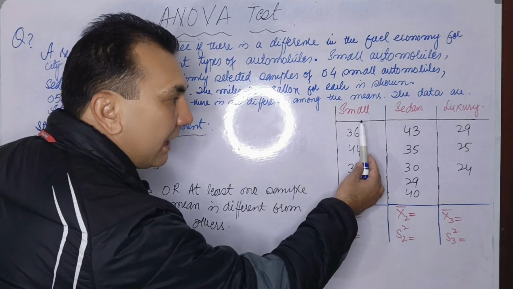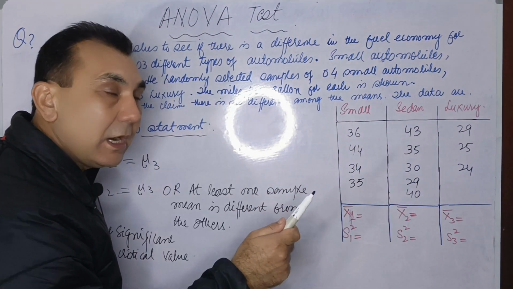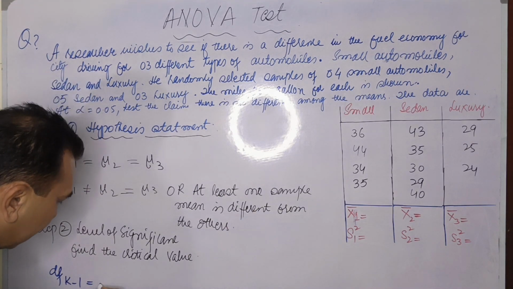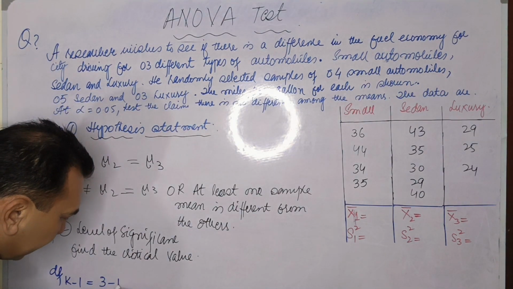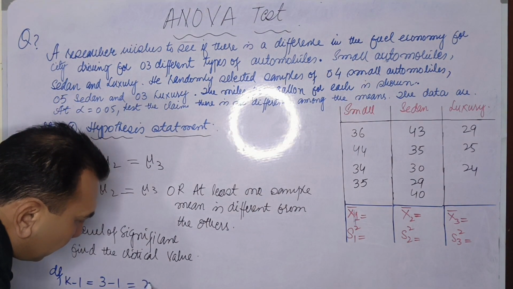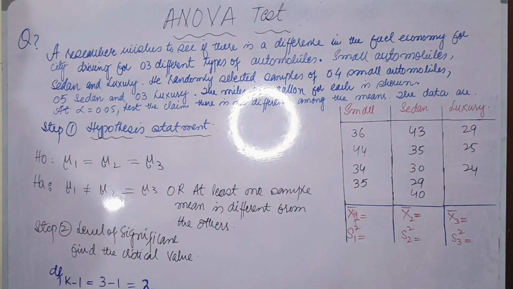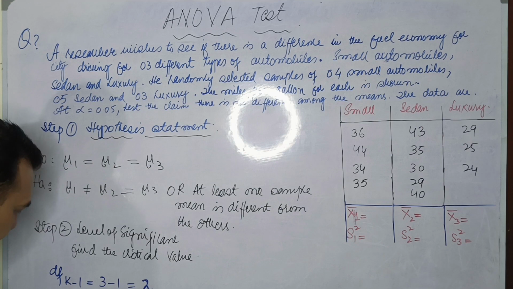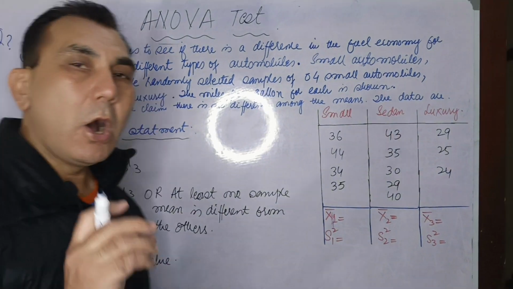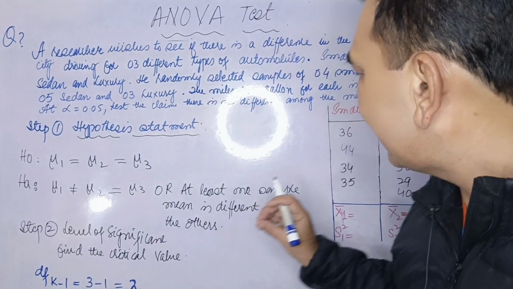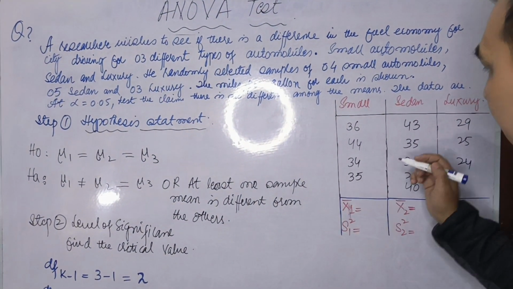Here we have three groups of automobiles, so k, 3 minus 1, is equal to 2. Okay, and the second degree of freedom is n minus k. N means the total sample size, the total population.